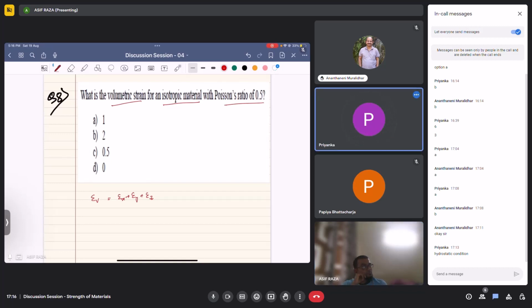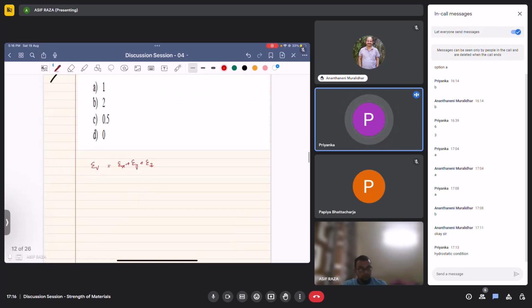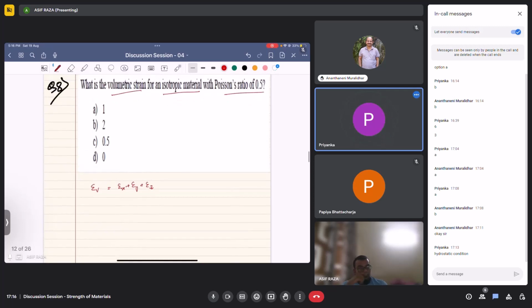Then, if we write the equations of epsilon x, epsilon y, we will get them in terms of Poisson's ratio and stress. Yes, but we are not provided with stresses. We can express all the things in terms of sigma x and sigma y and E and mu.